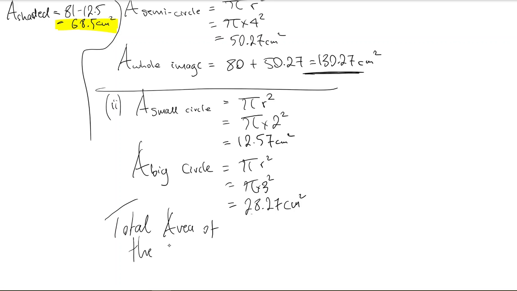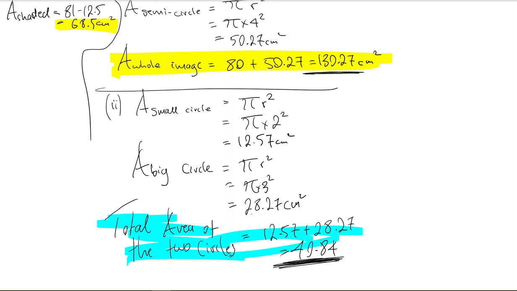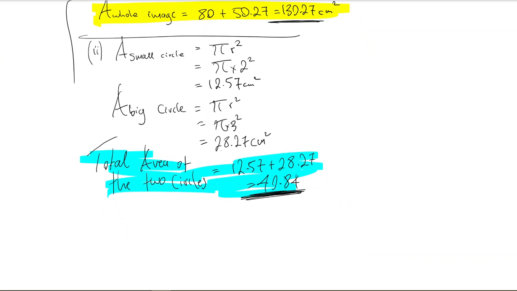And so now the total area of the 2 circles is 12.57 plus 28.27, and I got 40.84. So now I've got the area of this whole image at the top here, the first thing I calculated, and I've also got the area of the 2 circles that I want to remove. What I do from there is the area of the shaded part.